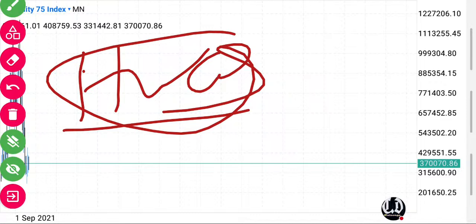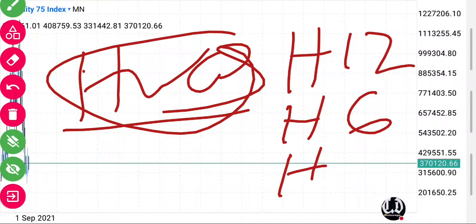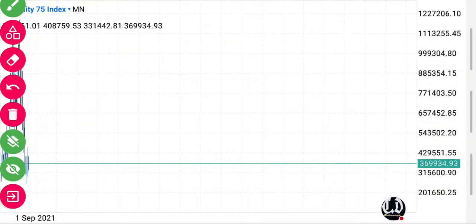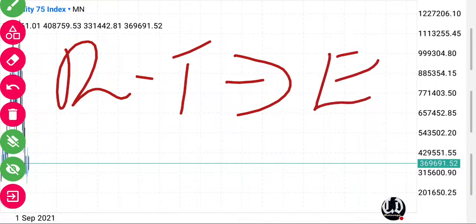Which are the hourly time frames? We have H12, we have H8, we have H6, we have H4 up to H1. Are you getting the point? So another category, we have refined time frames. Refining time frames, here we start from H1 down to the minutes.